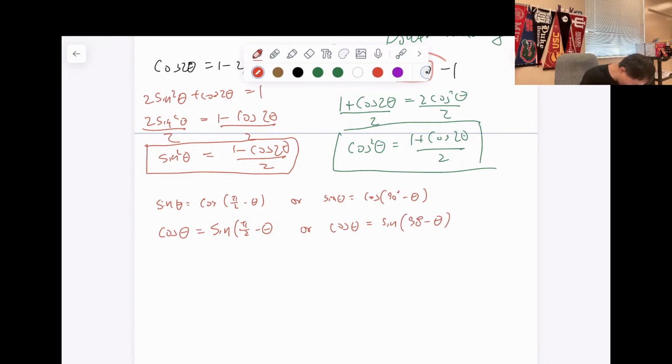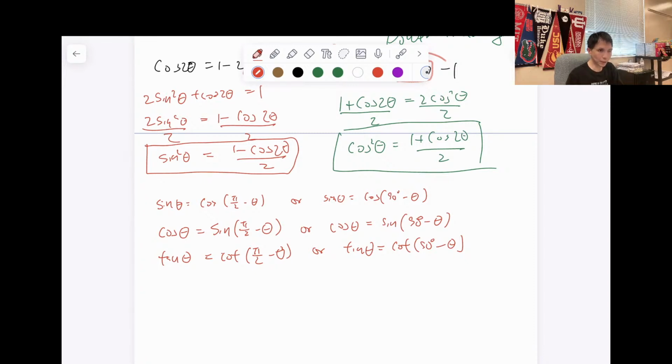So these are the same. Tangent and cotangent work as well. So tangent of theta is equal to cotangent of pi over 2 minus theta, or tangent of theta is equal to cotangent of 90 minus theta. Okay, so this is commonly used.